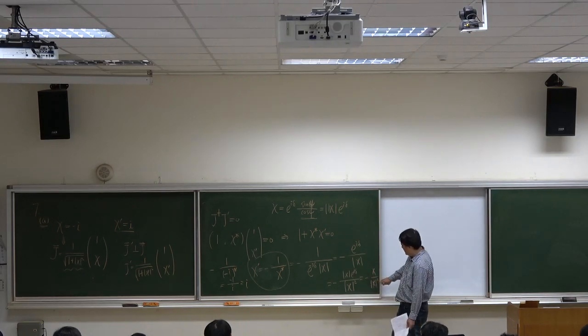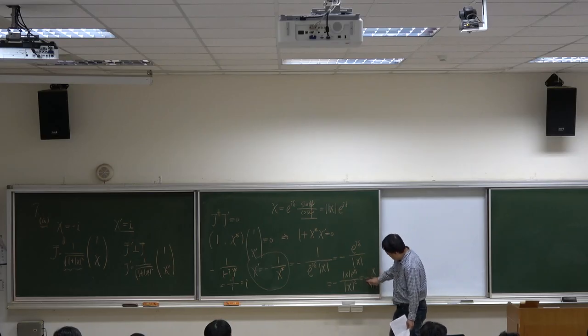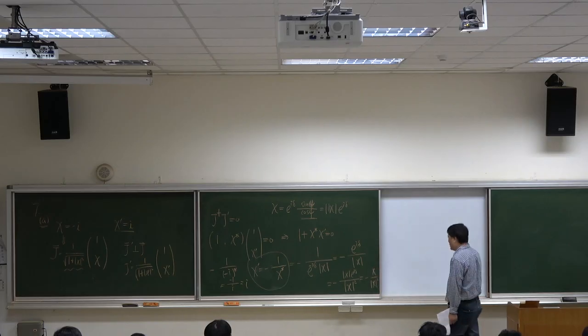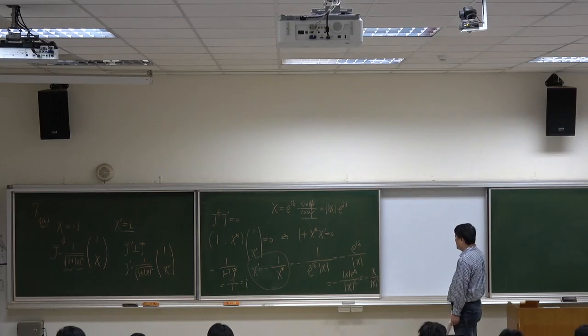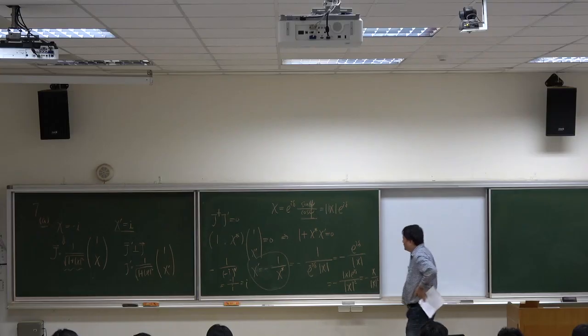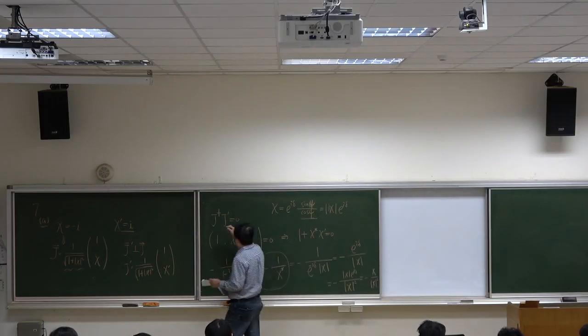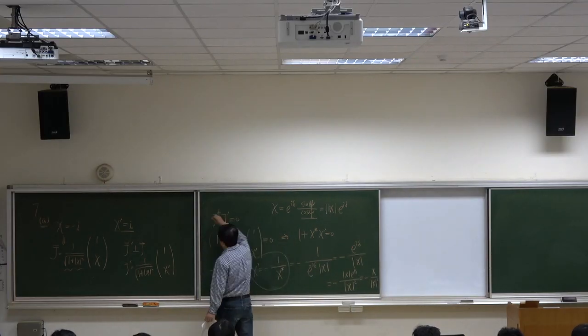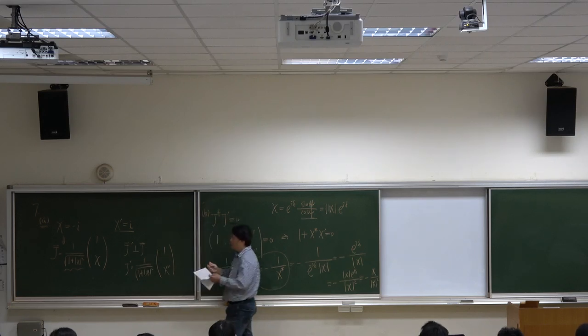Write it like this: minus chi over the absolute value of chi squared. Let me check whether it's correct. Yes, okay. So this is the answer for part B.